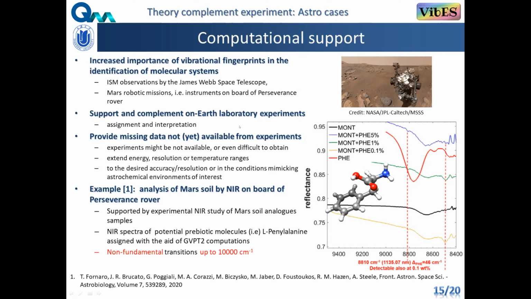So our role is to support laboratory experiments which are made to allow direct comparison with experiments from astrochemical environments, but also eventually to provide missing data which is not yet available or available at different conditions, or to extend energy ranges and so on and so forth.